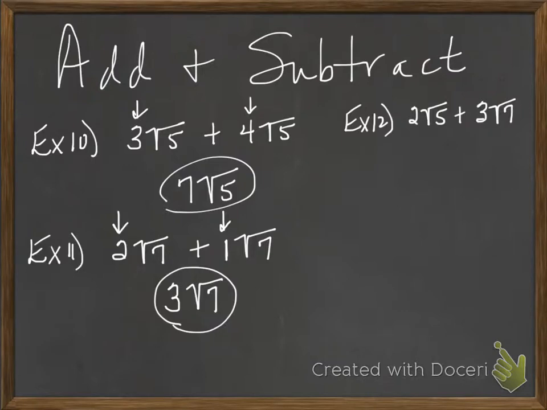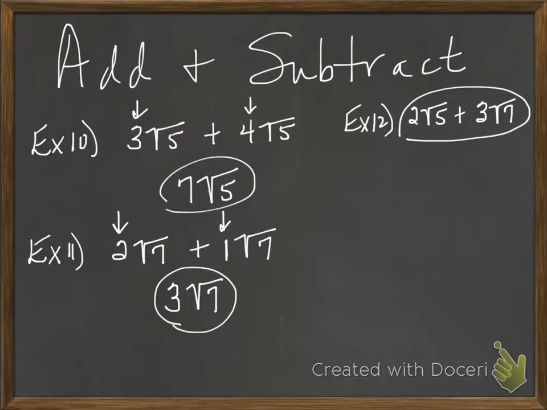And we can't add and subtract square roots unless they're exactly the same. So this problem is actually the answer. And they'll do that to you sometimes. They'll give you a problem that's already simplified. Again, we can't add a square root of 5 with a square root of 7. They have to be exactly the same number underneath the square root.